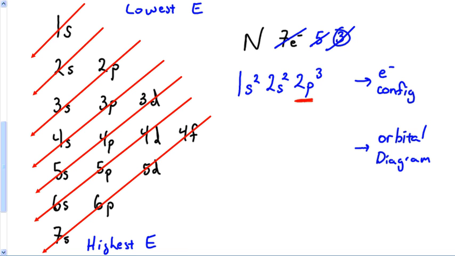I'm going to write 2p3 down here and do an orbital diagram for that. Depending on your teacher, it might be different in what they want on this, but this is what I want. There are 3 types of p orbitals. That's what we learned on that first page. There's px, py, and pz. So I'm going to draw 3 lines. Some teachers do boxes, some circles. It really doesn't matter.